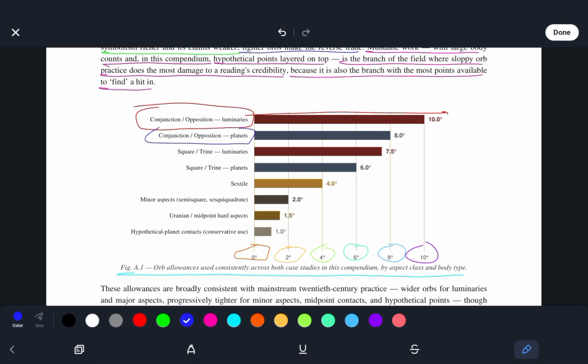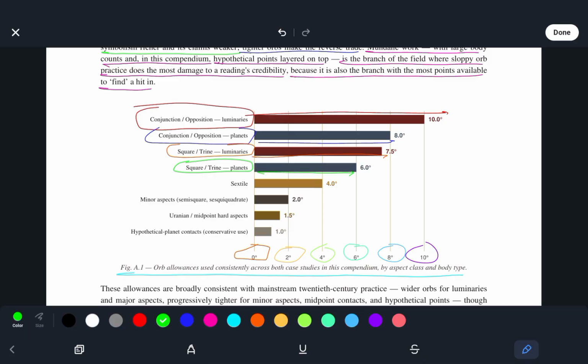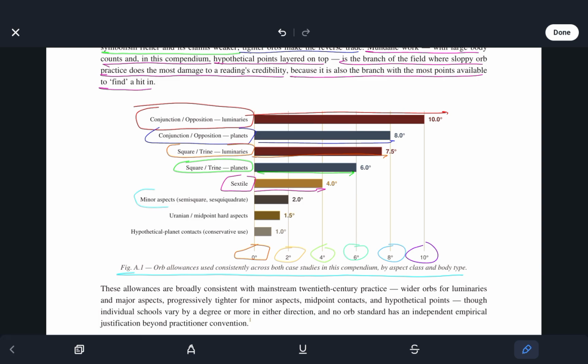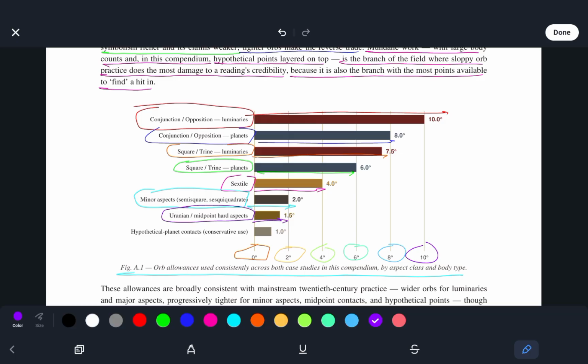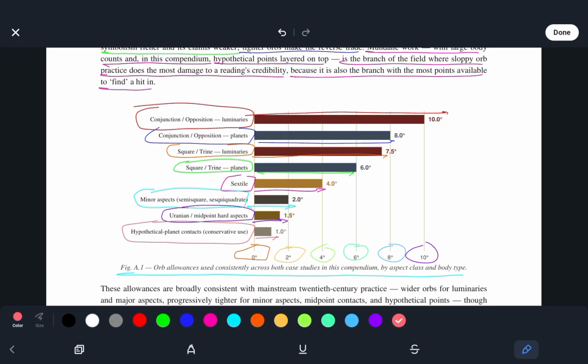Conjunction, opposition with the planets at a solid 8.0 degrees. Square, trine with the luminaries, 7.5 degrees. Square, trine with the planets, 6.0 degrees. Sextile, 4.0 degrees. Minor aspect, semi-square, sesquiquadrate, 2.0 degrees. Uranian midpoint hard aspects, 1.5 degrees. And hypothetical planet contacts, conservative use, 1.0 degrees.